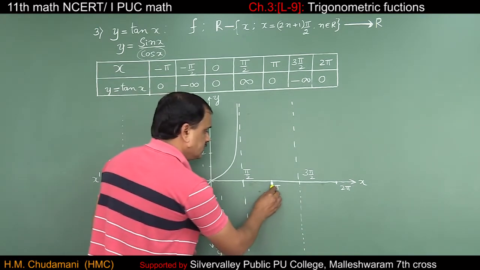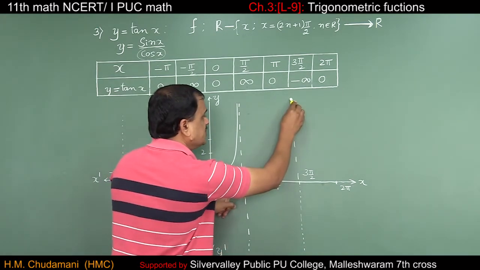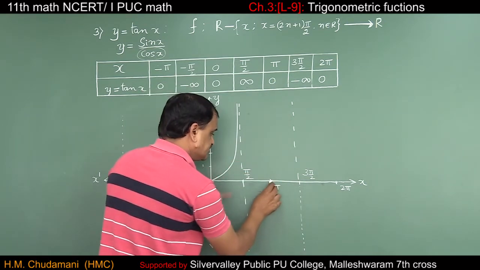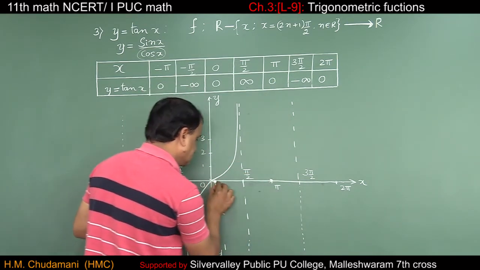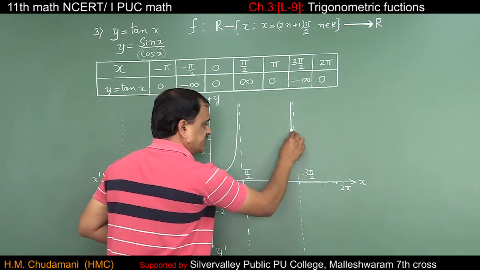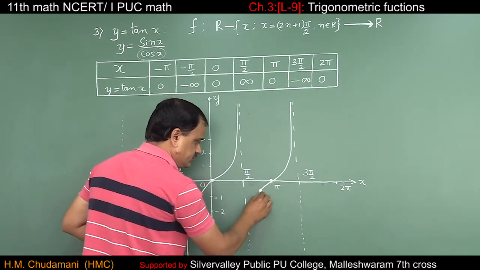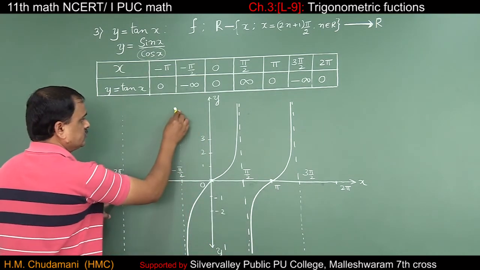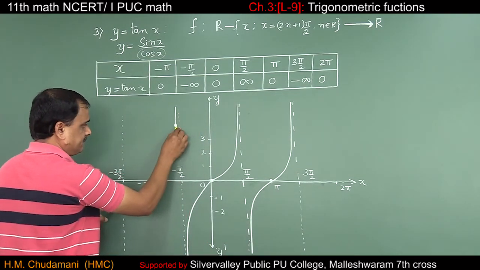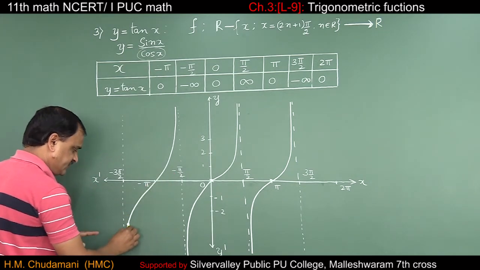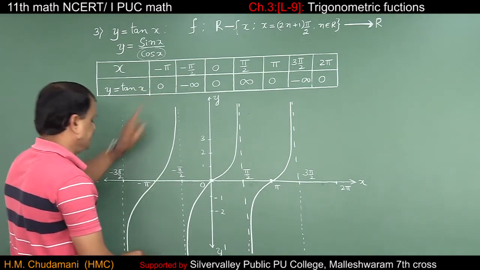Then look at the other branch, 3 pi by 2, pi is 0, this is another point. Okay, so the other branch is like this, and here also, tan of minus pi is 0.